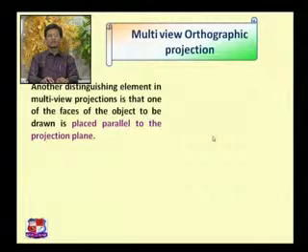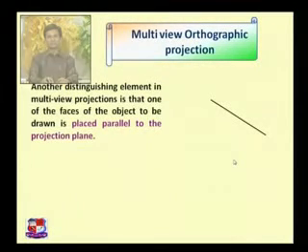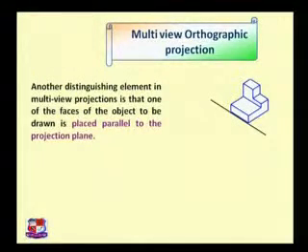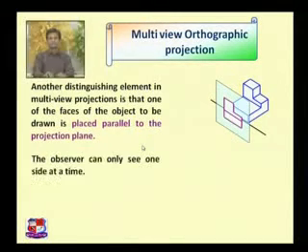Now another distinguishing element in multi-view projections is that one of the faces of the object to be drawn is placed parallel to the projection plane like this. You can see here, this is an object, this is a line. We place a plane parallel to the projection plane like this. The observer can only see one side at a time.